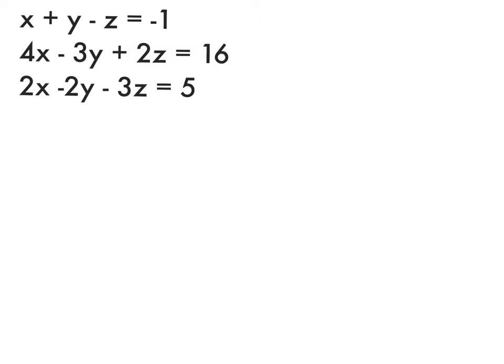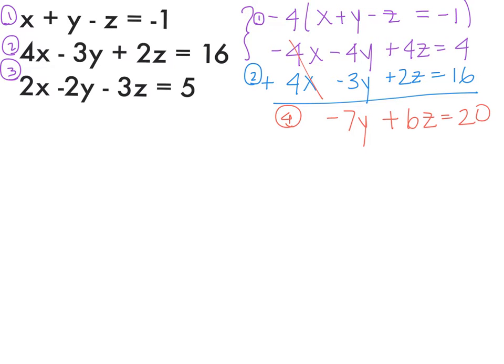What I mean by that is I'm going to take my first two equations and try to eliminate one of the variables. I'm actually going to try to eliminate x, so that I have an equation with just y and z in it. So what I've done is I've turned this first one into something that starts with a negative 4x, so I can cancel it with this 4x here, and I get a new equation.